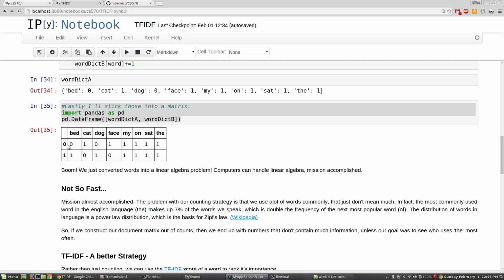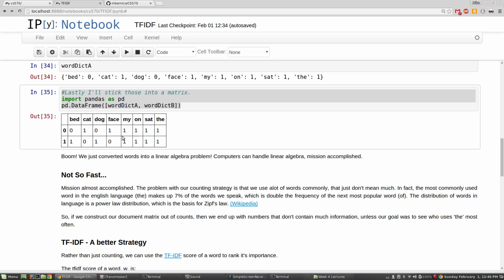And so now we can build models to analyze all of these unstructured bags of words. And so just like that, we've converted a word problem to a linear algebra problem. And computers are really good at linear algebra, probably better than us. So that's great. Mission accomplished.